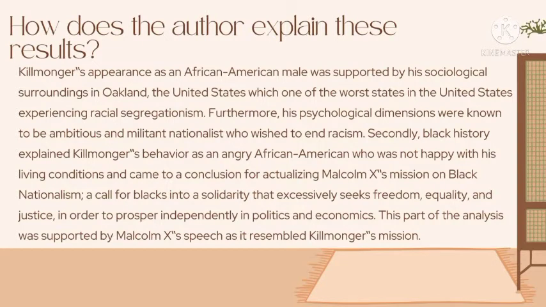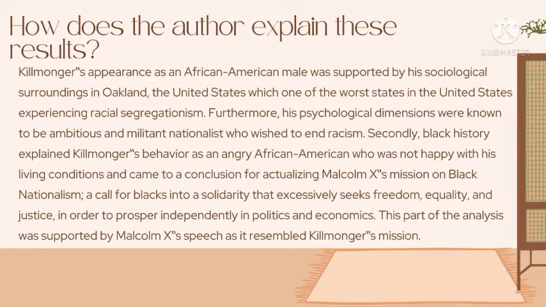How does the author explain these results? Killmonger's appearance as an African American male is supported by his sociological surroundings in Oakland, the United States, one of the worst places in the United States for experiencing racial segregation.